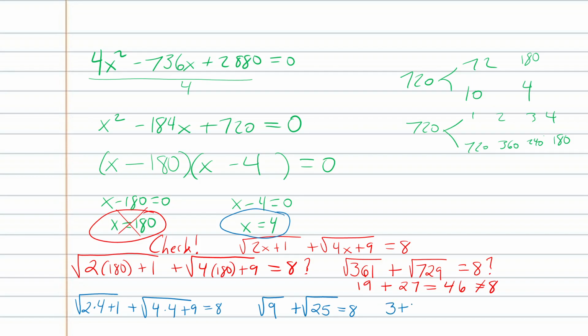The square root of 25 is 5. Does that equal 8? Well, yeah, it does equal 8 because 3 plus 5 is 8. So, our only solution for this one that works after checking is x equals 4. That is why it's important that you check your solutions.